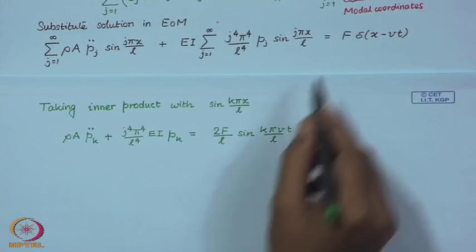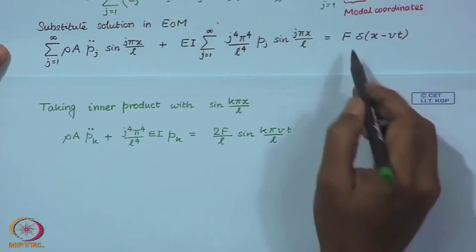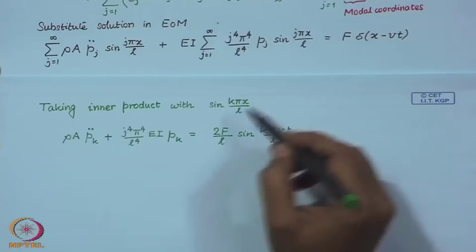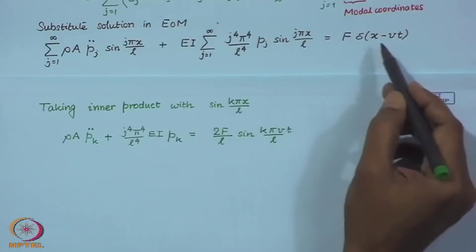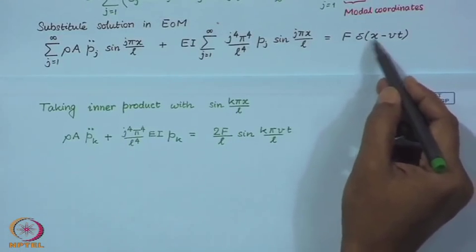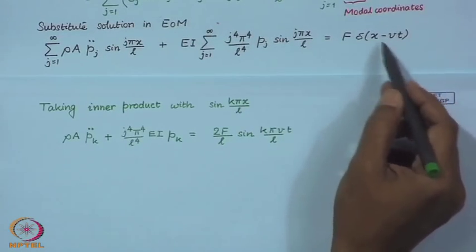So, on the right hand side, since we are multiplying this Dirac delta function with sin k pi x over L and integrating, this x gets replaced by this v t.